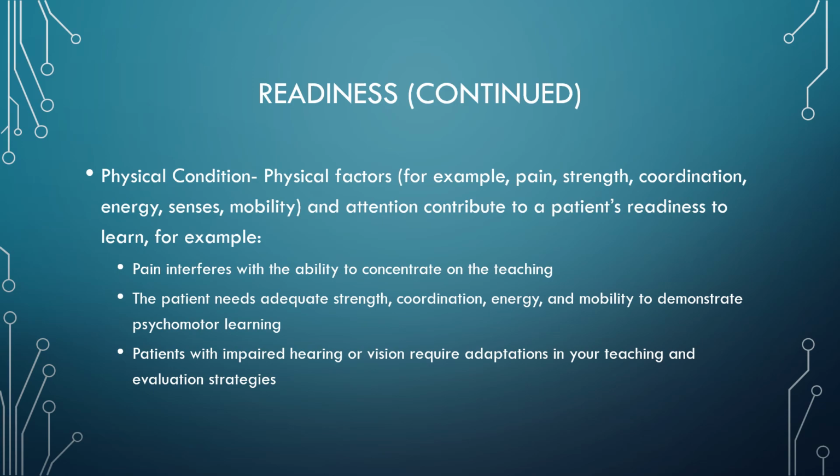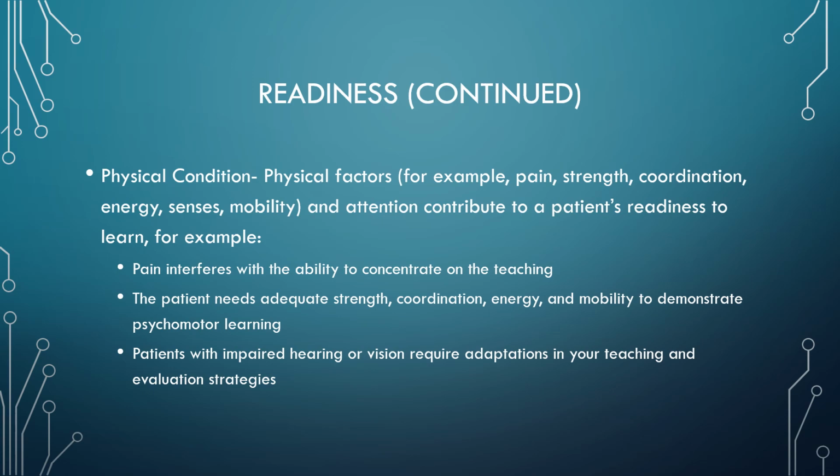So, physical condition. Physical factors, for example, pain, how strong they're feeling, coordination, how energetic they're feeling, their senses, their mobility, and attention contribute to a patient's readiness to learn. So, for example, pain will interfere with the ability to concentrate on the teaching.